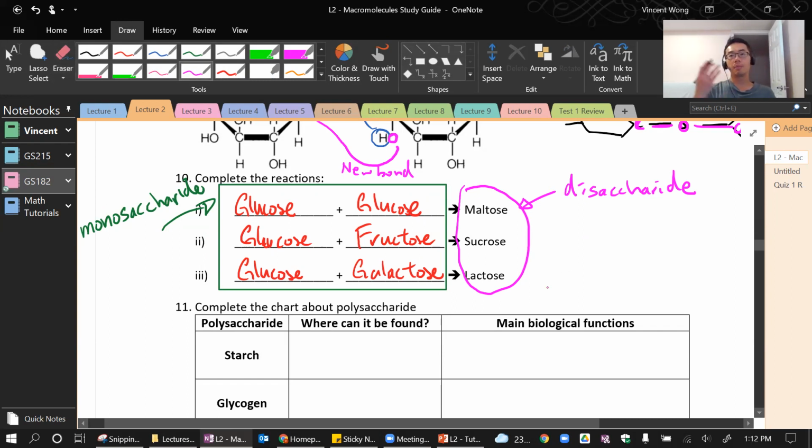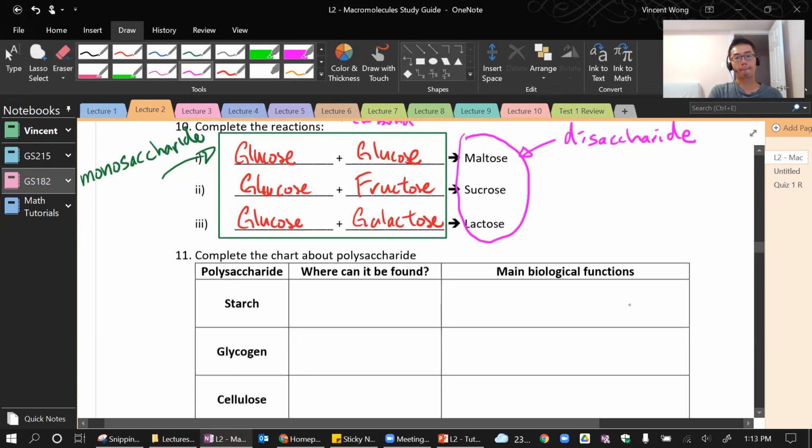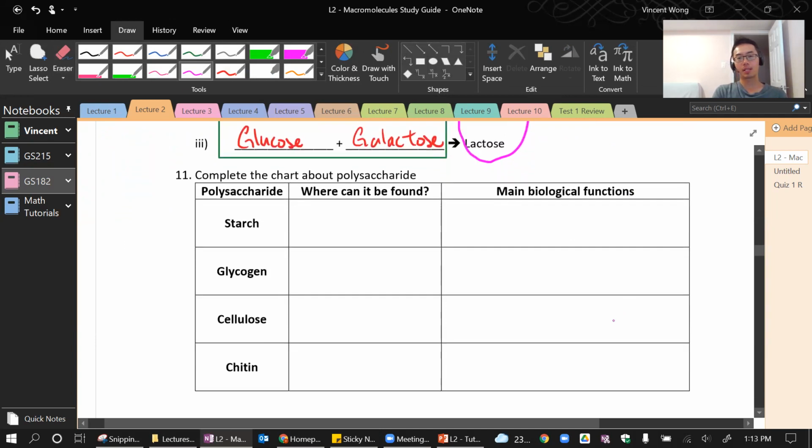Now, if you keep on building it, if you add more and more glucose, eventually you will get a polysaccharide, one that has many sugars connected to it. So there are 4 major polysaccharides that we talked about in class: starch, glycogen, cellulose, and chitin.